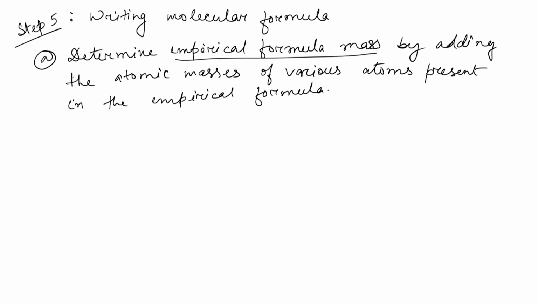So, we know how to determine molecular mass and all. So, we can determine the empirical formula mass. This was the empirical formula. So, what will be the empirical formula mass? By adding the atomic masses of various atoms present in the empirical formula. So, first, mass of carbon into number of carbon. Mass of carbon is 12 into 1.